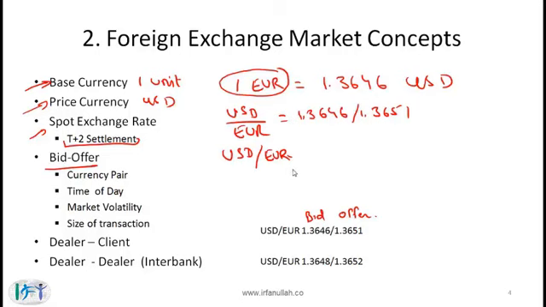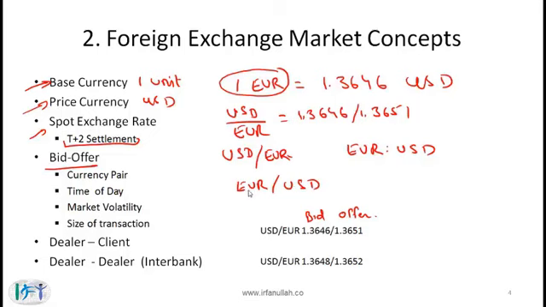Now some other conventions are as follows. You might also see euro colon USD. Now in this convention, the euro is still the base currency. So in this convention, the base currency is written first. You might also see something which is very confusing, which is euro USD, where the currency written first is the base currency.